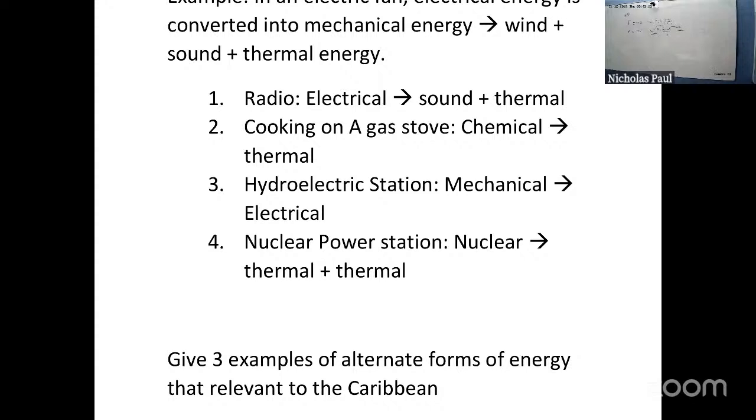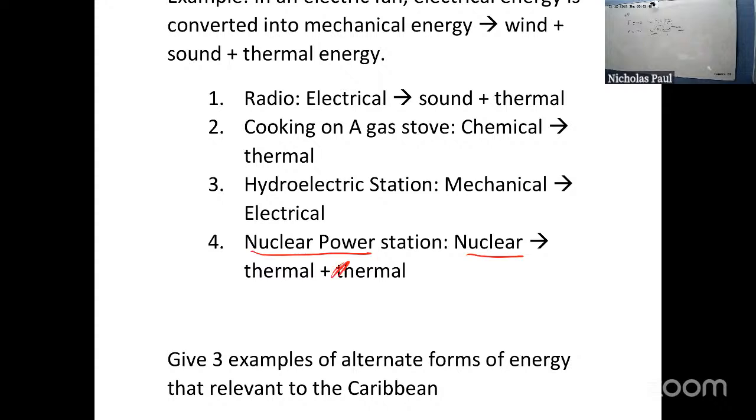Hydroelectric, right? It takes moving water to give you mechanical energy, that will give you electrical. And I'll make a mistake here. The nuclear power station takes nuclear energy and gives you thermal and what? Why do you use a nuclear power station?